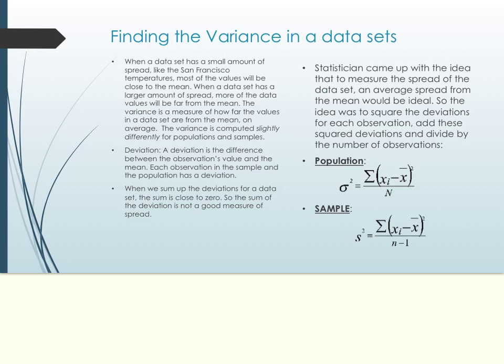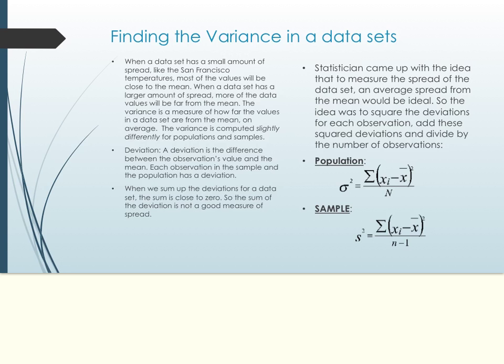The second kind of measure in measuring spread: when we have a data set like San Francisco temperatures, the spread values are really close to the mean. And when the data has a larger amount of spread, more data values will be farther from the mean.